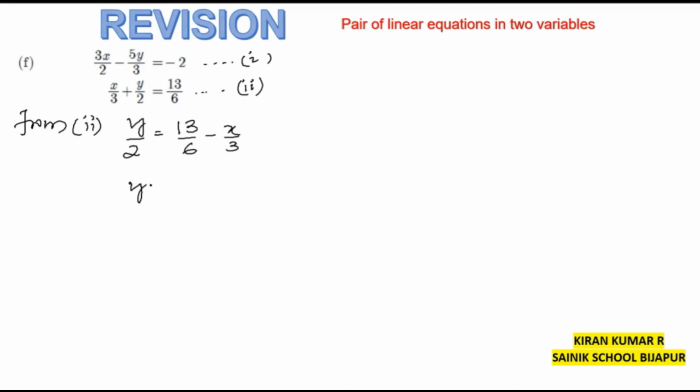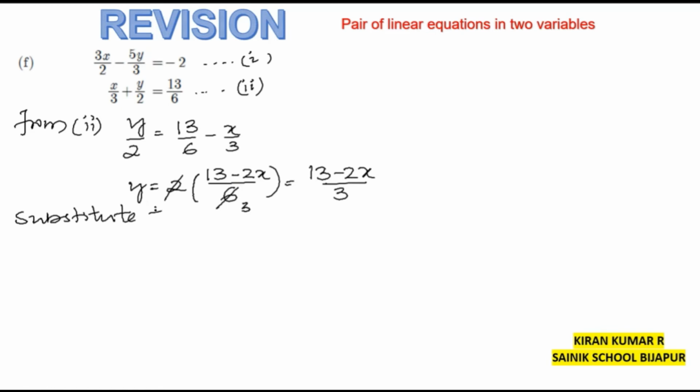When you cross multiply, we get 2 times, here 6 is the LCM, (13 minus 2x). This 2 and this 6 you can simplify. We will be getting y value as (13 minus 2x) divided by 3. Let us substitute this in equation 1.